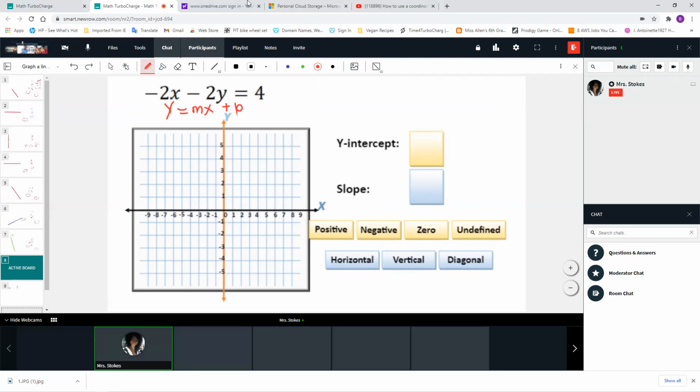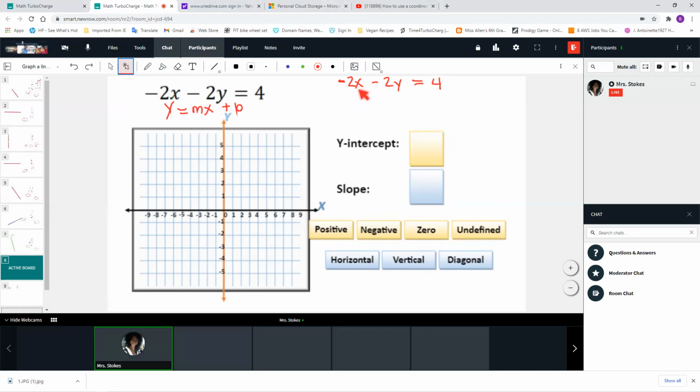We need to get y by itself, okay? So to do this, the first thing I need to do is I'm going to set my problem up. -2 times x minus 2 times y equals 4, okay? So what I'm going to do is I'm going to move this entire 2 times x.